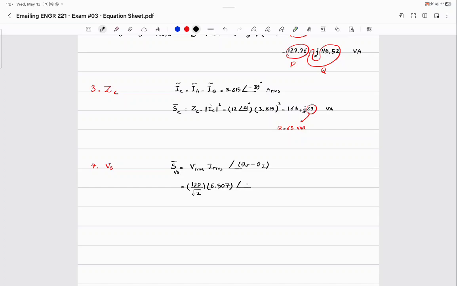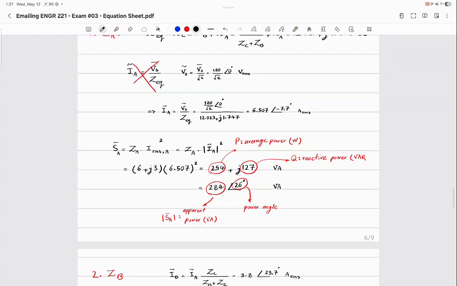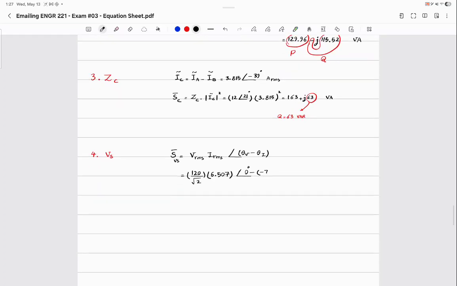And the angle is 0 degrees minus negative 7.7. And the answer is equal to 552 with the angle 7.7 degrees, and that is volt-amps.